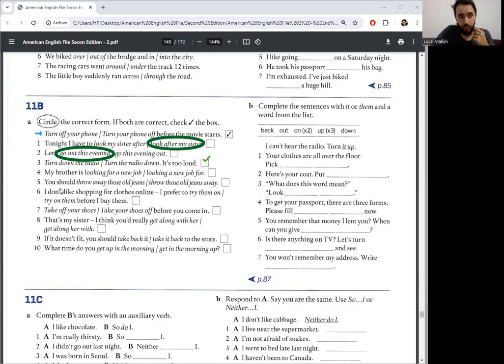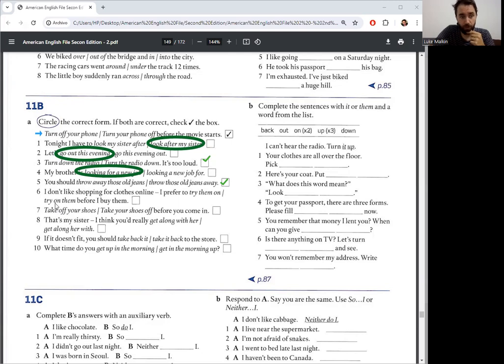Number four, my brother is looking for a new job, but not looking a new job for. Number five, you should throw away those old jeans and you should throw those old jeans away. Both are good because throw away is separable.